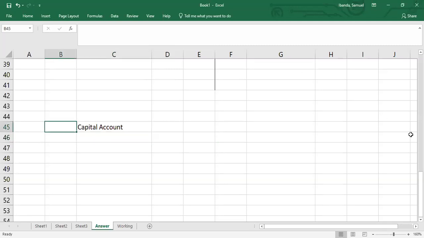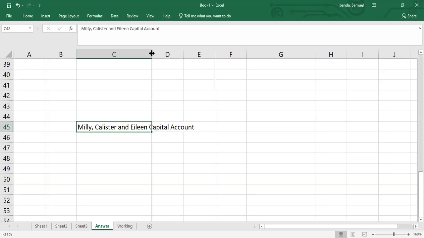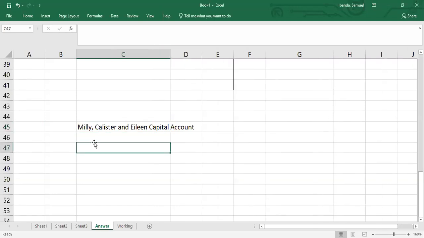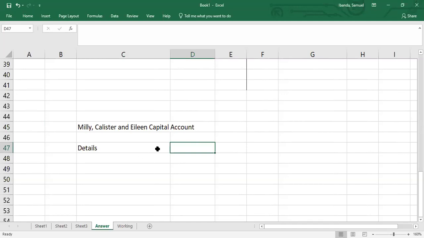This is still Millie, Calista and so on. So they said they wanted this in columnar format, so I'll not do a T format. So I'll have, let's say, detail. Then I'll have basically the respective partners listed up here in a columnar format.